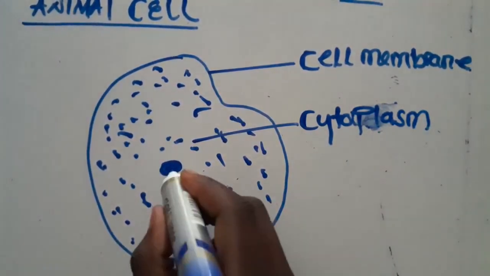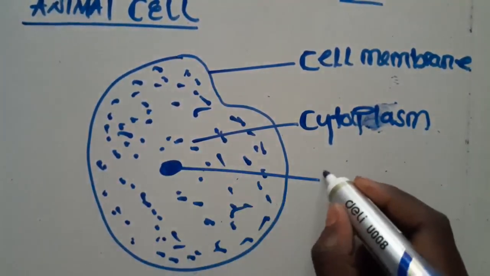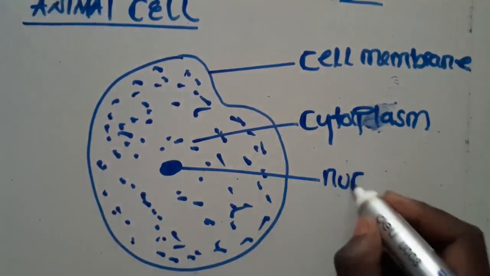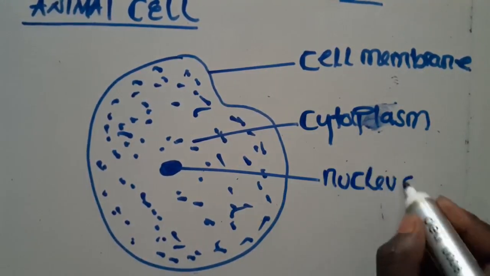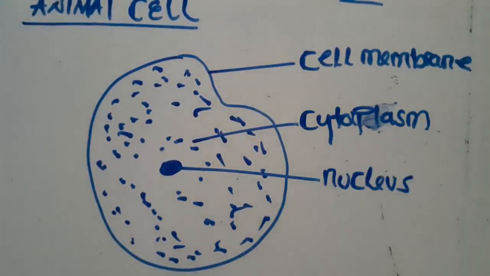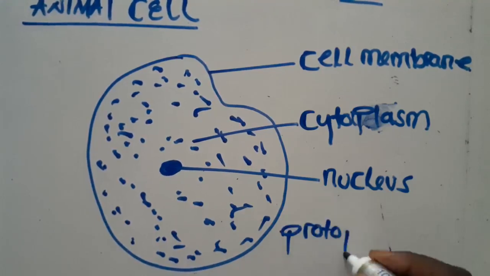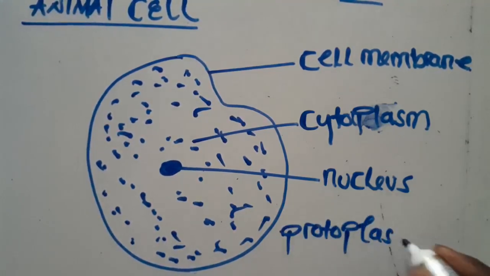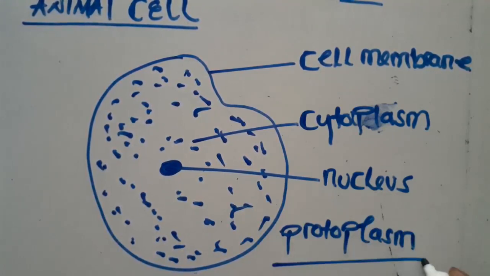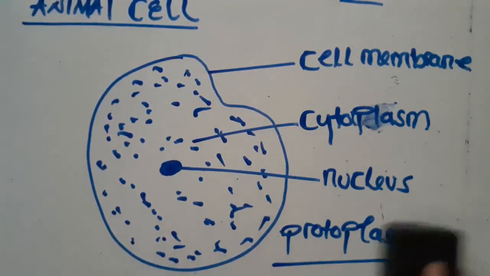Then this part is called the nucleus. And these three parts together make up what is called the protoplasm.